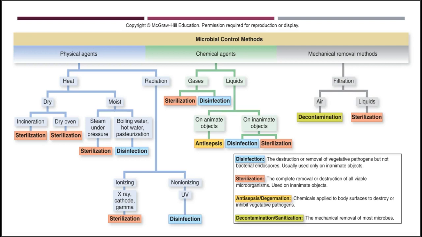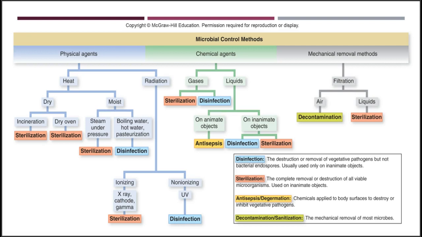The second method is the use of chemical agents, and we're going to discuss chemical agents in the final section, section 9.3. Some chemicals result in sterilization. A larger part of chemicals result in disinfection.